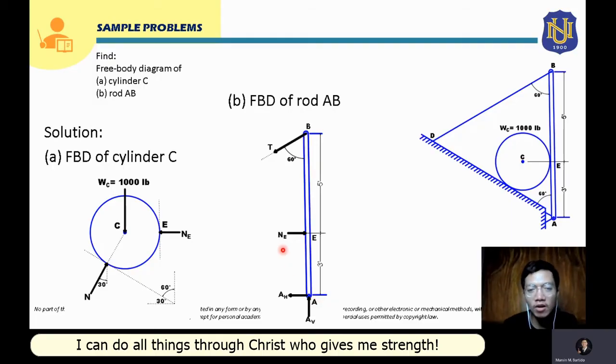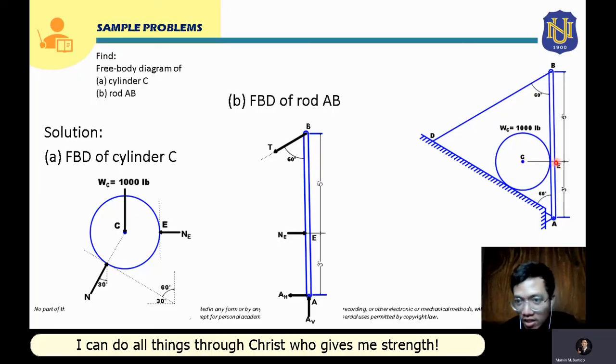But here, the reaction force at point E, which is a normal force from the FBD of cylinder C, we are going to transfer to bar AB. If we transfer this NE, it should be oppositely directed, but applied at the same point of application.